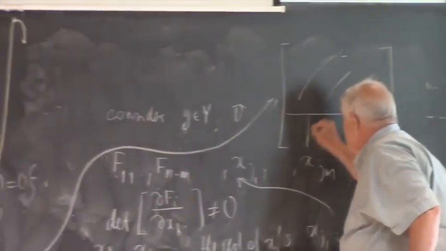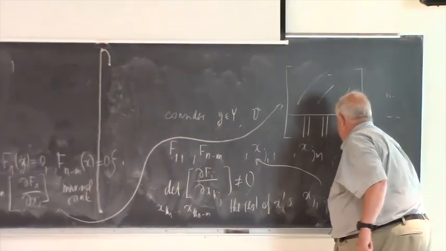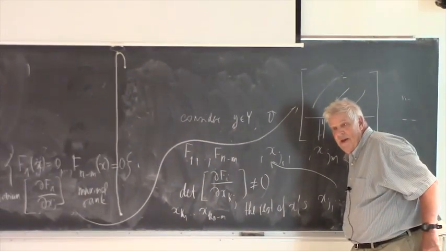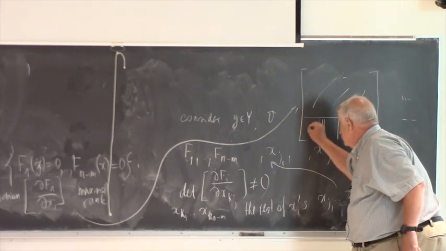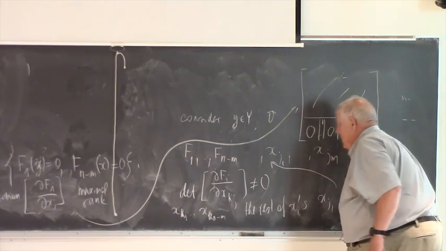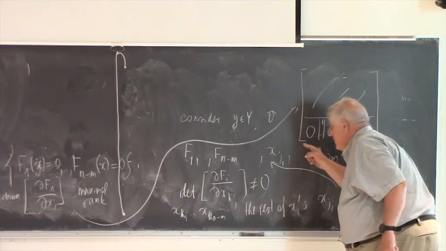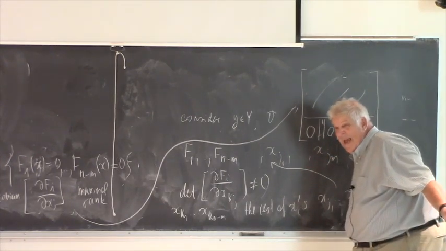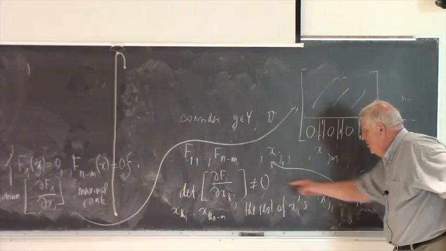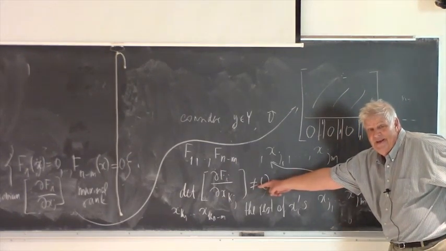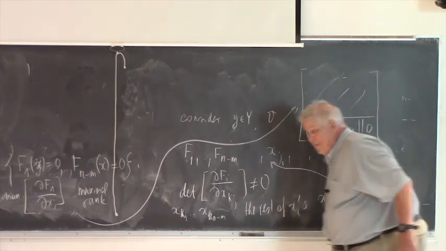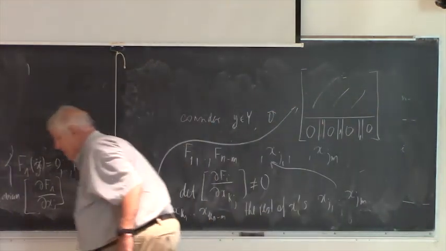And then in m more columns, we have ones and zeros elsewhere. And it is clear that the determinant of this matrix, up to a sign, is equal to the determinant of this one, so it is not equal to 0. Even if we have to change the sign, it's still not 0.